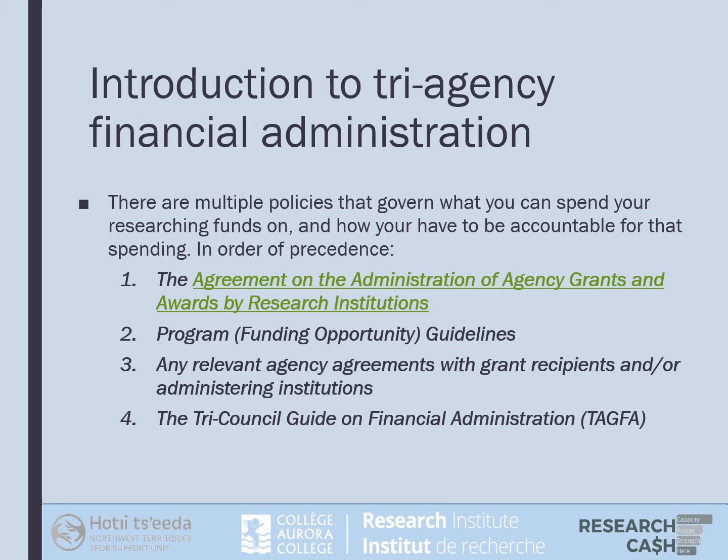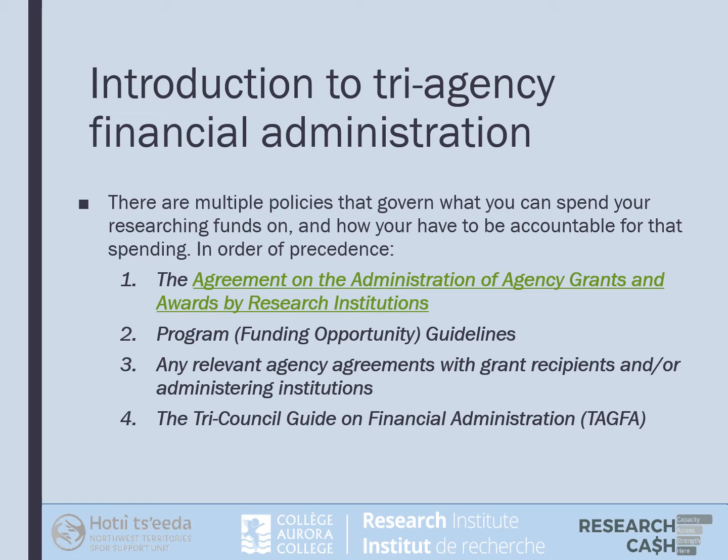So there are multiple policies that govern what you can and cannot spend your research funding on. These same policies also outline how you'll have to be accountable for your spending once you've got your research funds awarded. The most important of these policies is the Agreement on the Administration of Agency Funds and Awards by Research Institutions.